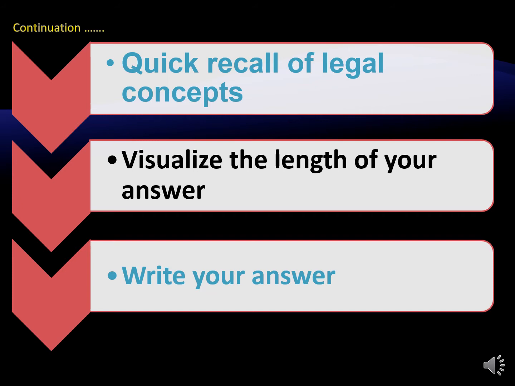And then after having recalled the thoughts that are applicable to the question, you visualize the length of your answer. Why must you visualize the length of your answer? Because you found out a while ago that there is a limit to the time within which you're going to write your answer, depending of course on the weight. Then and only then should you write your answer.